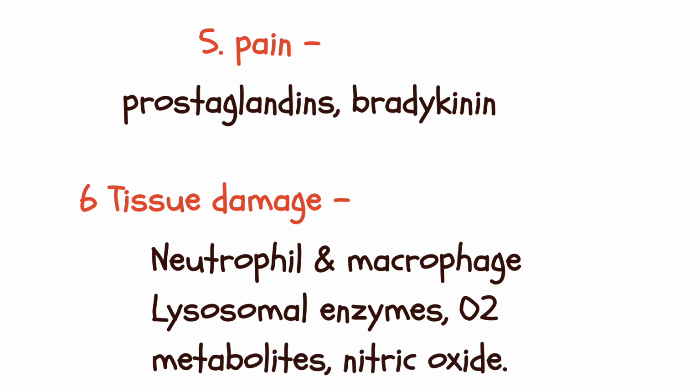So some of these mediators have more than one action. Let's take for example the prostaglandins. Prostaglandins cause vasodilation, they also cause fever, and they also cause pain. Another example is bradykinin. Bradykinin causes increased vascular permeability, and it also causes pain.